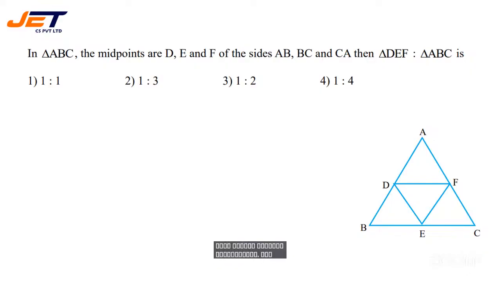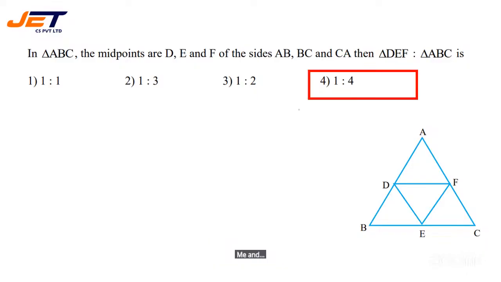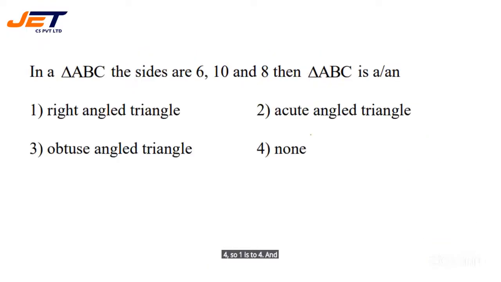Yes, good. Right. So it is 1:4. So you have the smaller triangle, which is 1, and the bigger one is 4. So 1:4. And let's see the last question of today.